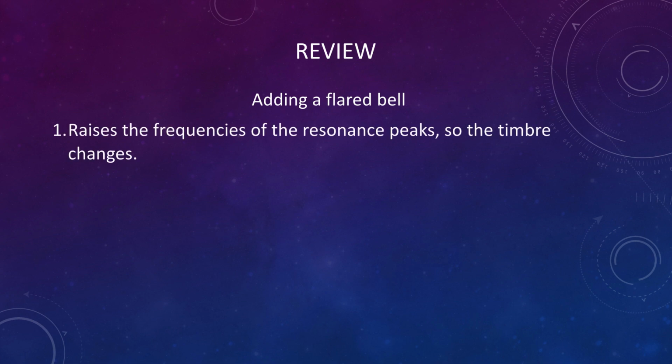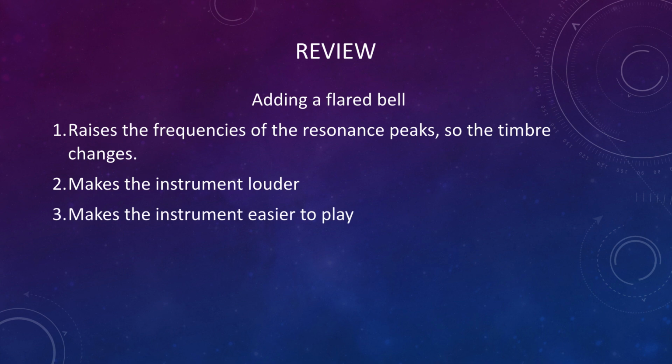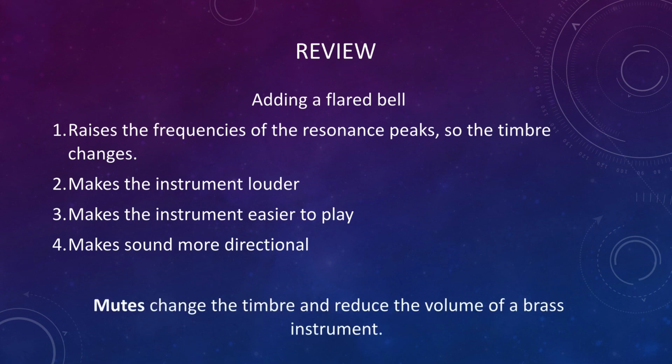Adding a flared bell raises the frequency of the resonance peaks so the timbre changes. It makes the instrument louder, makes the instrument easier to play, and makes sound more directional. Mutes change the timbre and reduce the volume of a brass instrument.